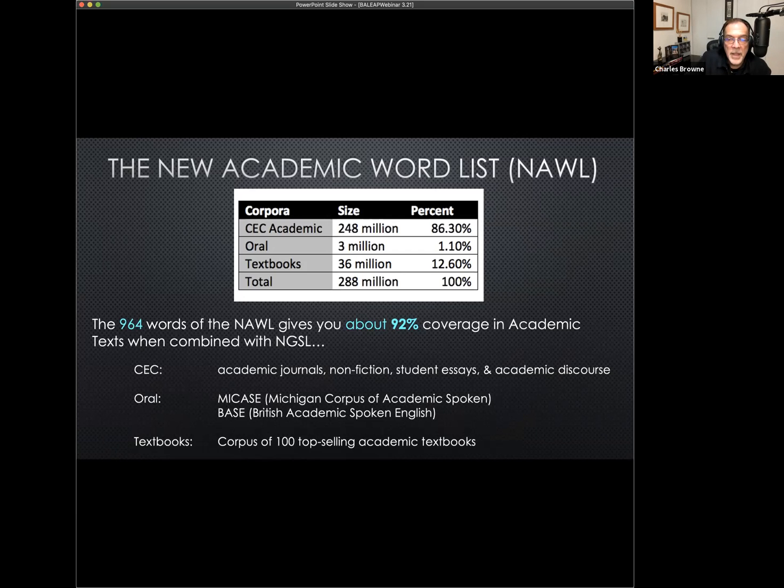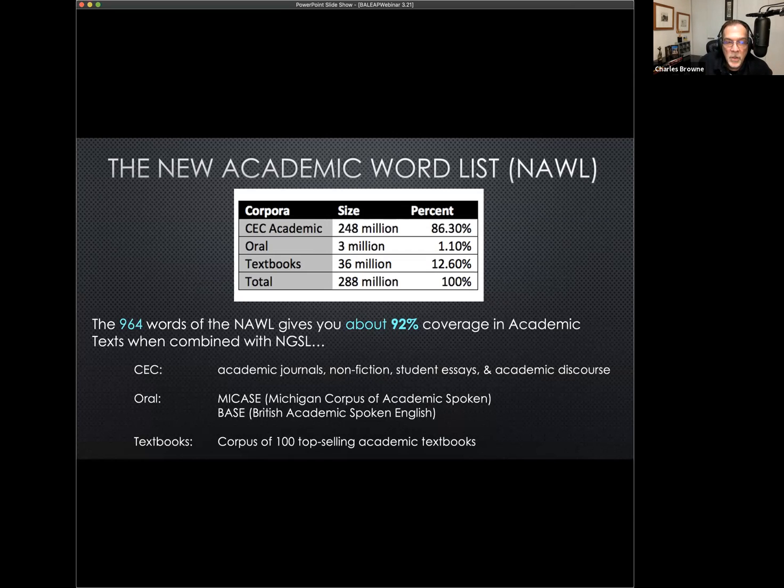And we realized that presented a specific challenge for many foreign students studying in English-speaking university settings. So what we did is we added 1.5 million words from the MICASE corpus, which is the Michigan Corpus of Academic Spoken English, and then we also took another 1.5 million words from the British Academic Spoken English corpus, the BASE corpus. So there's about 3 million words of oral academic English in there.